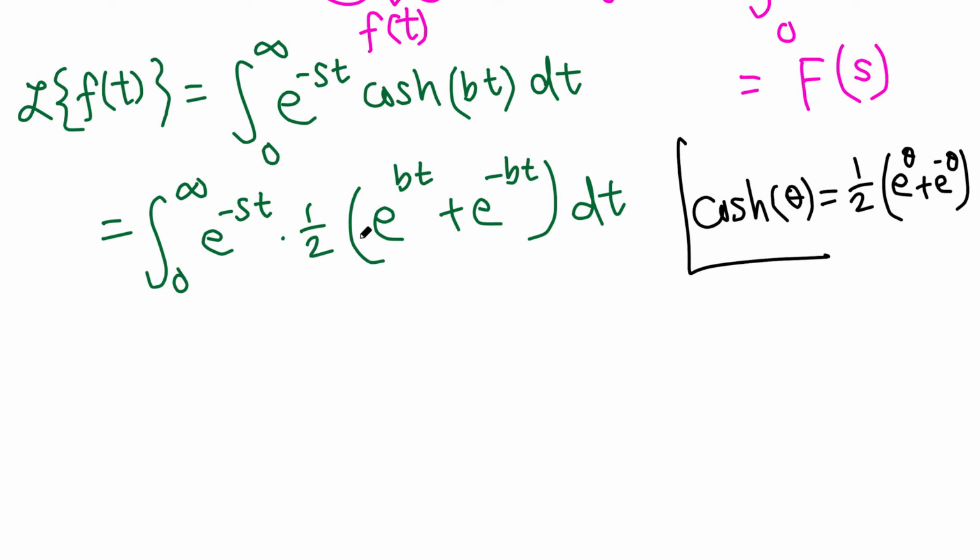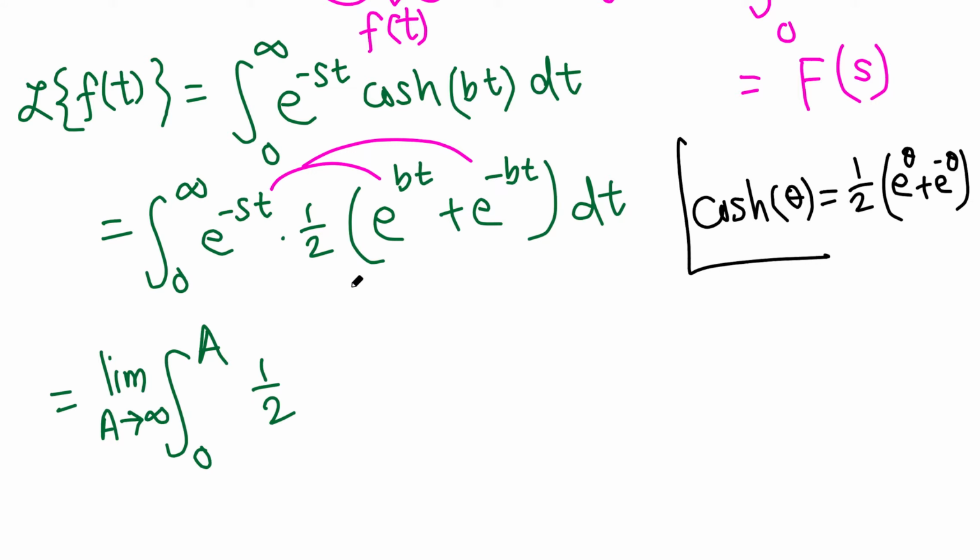Now the 1/2 can be pulled all the way outside. This is an improper integral because we are working on 0 through infinity, so we need to work on 0 through some finite number, let's say a, and we let that a eventually go to infinity. We can distribute inside: when we multiply, we add the exponents, so that's negative s minus b times t.